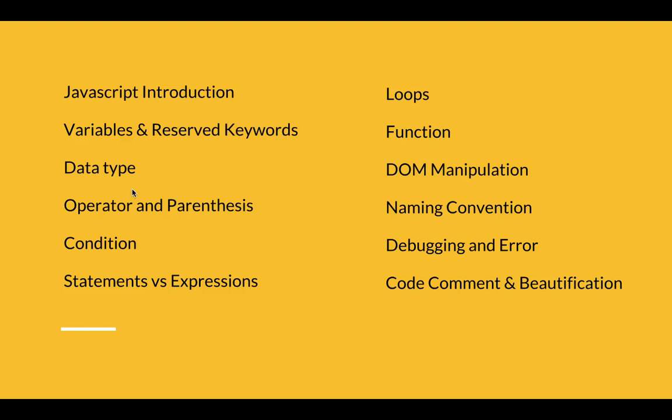And data type. What are the data types? We did number, string, array, boolean. Excellent. And how do you define these? How do you define the number data type?